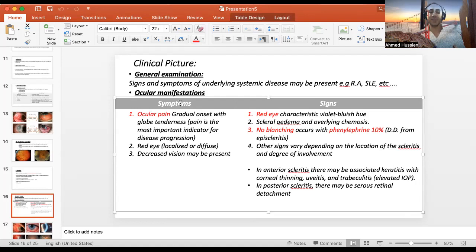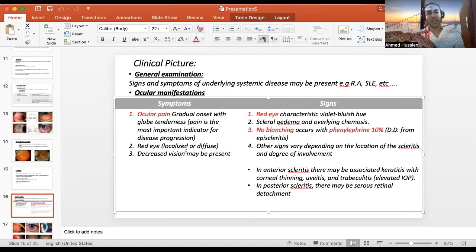You have to know that the most important symptom of scleritis is the ocular pain. And the most important sign is the redness, which has characteristic findings. So the symptom is ocular pain, which is gradual onset with globe tenderness, and there may be pain on ocular movement. And pain is an important indicator of the activity of the disease.